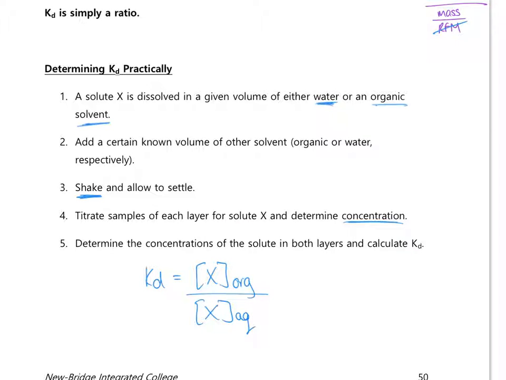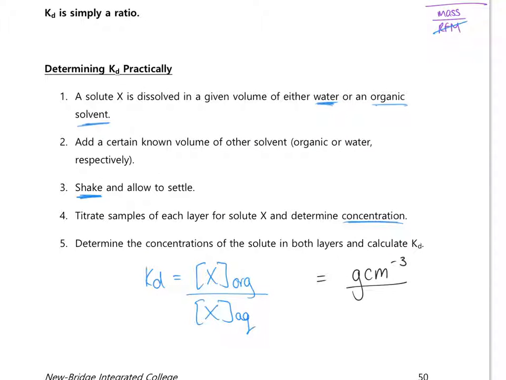And it's worth mentioning at this stage the units of KD. What we find with KD is that it never has any units, so it cuts that part out of our calculations. Look at your equation there. You've got the concentration of X in your organic layer over the concentration of X in your aqueous layer. What are the units of concentration in your organic layer? Well, they're more than likely going to be grams per centimetre cubed.